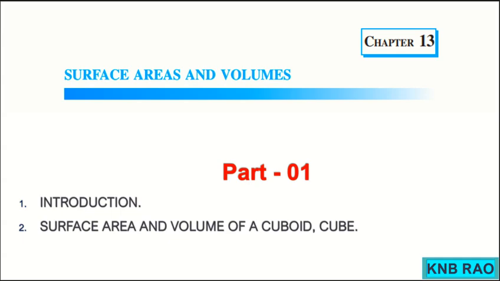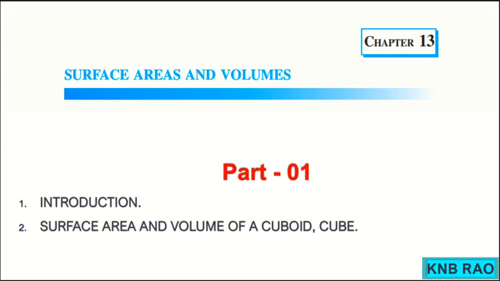As a continuation of the unit, after learning Heron's formula, we are going to learn this chapter. In this part 1, we will be learning the introduction portion, and later we will go for revisiting surface area and volume of a cuboid as well as a cube.